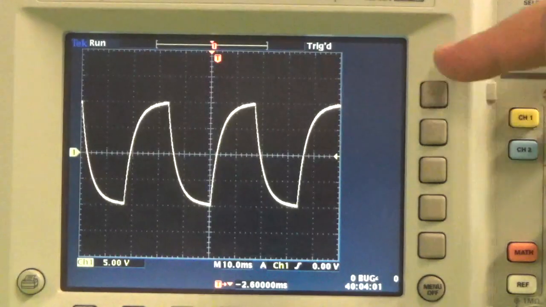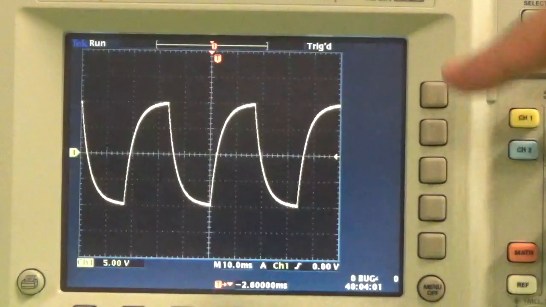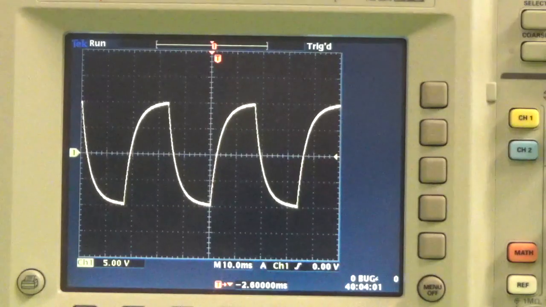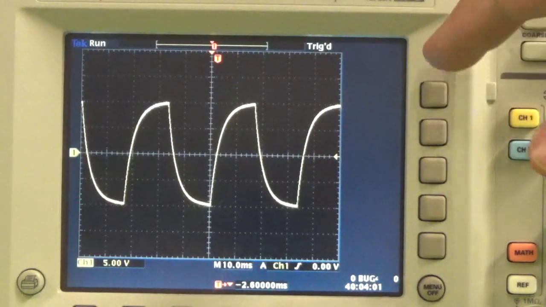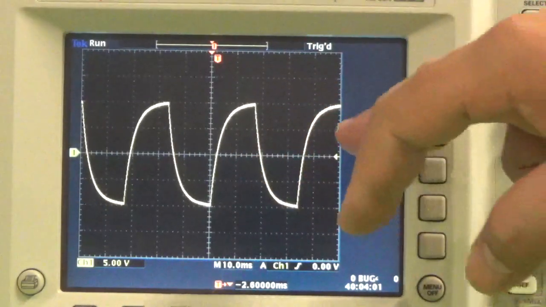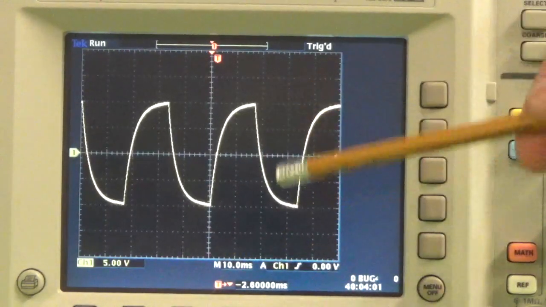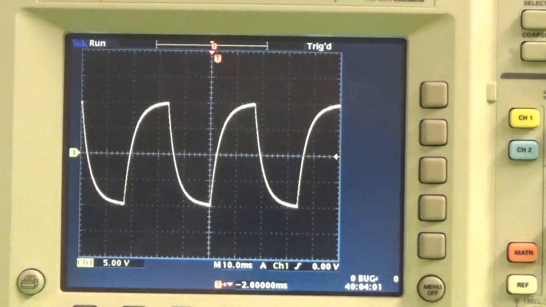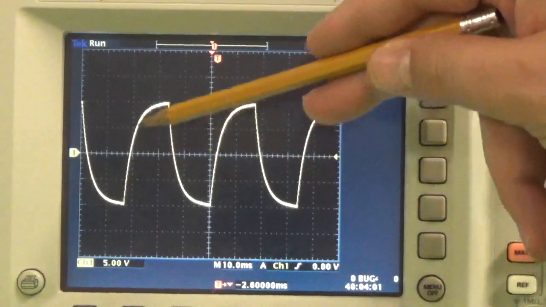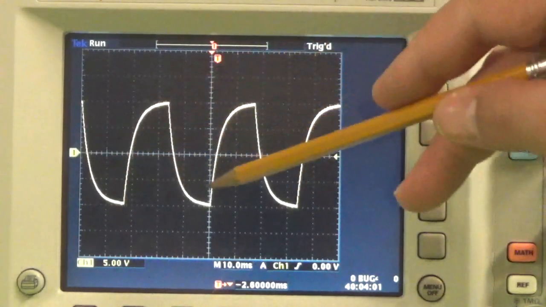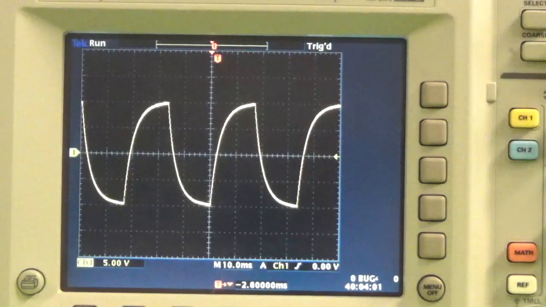Okay, so hopefully the oscilloscope monitor is clear. Last time you mentioned that you couldn't distinguish the signal from the oscilloscope, so I attempted to zoom in to the oscilloscope screen. So this is what we have. This signal right here was the peak-to-peak voltage across the capacitor.